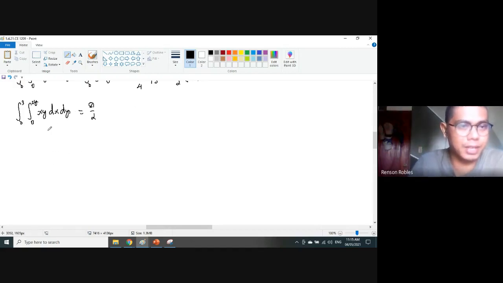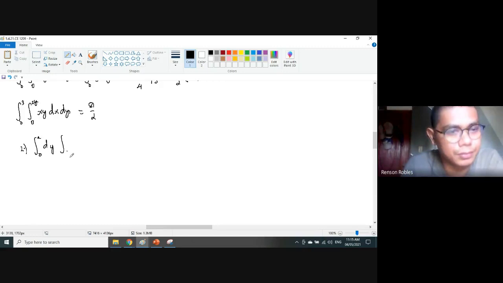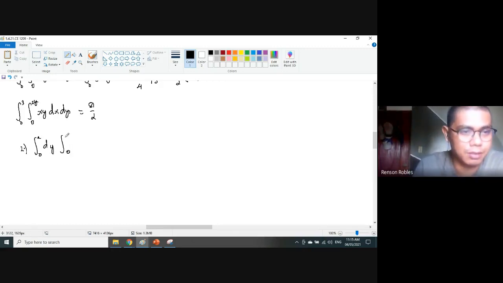One more. Another variation of how you can express the double integral is this. You have the integral from 0 to a, dy, integral from 0 to the square root of a squared minus y squared, x dx.